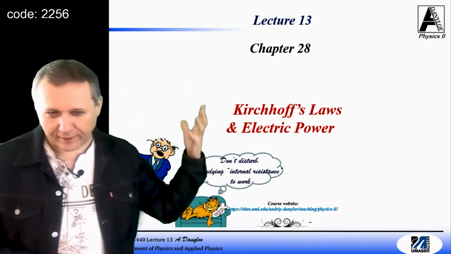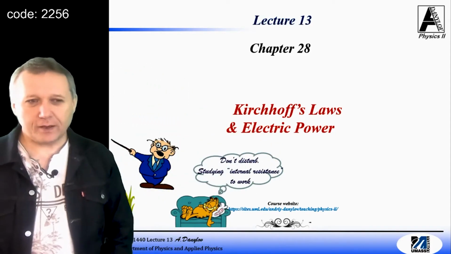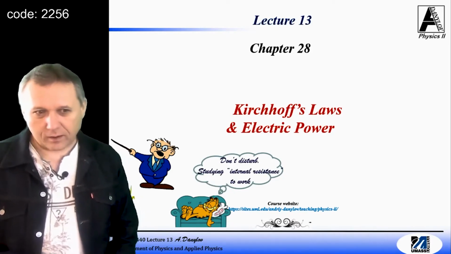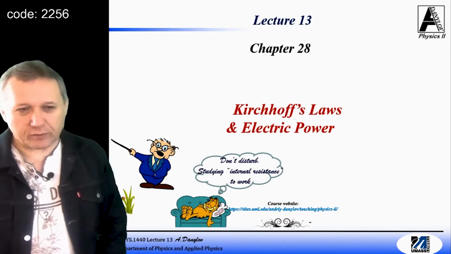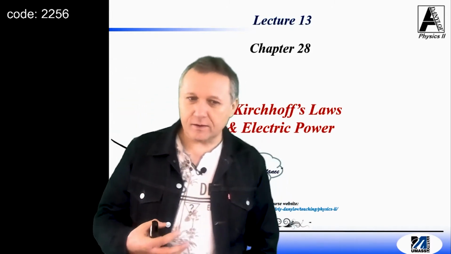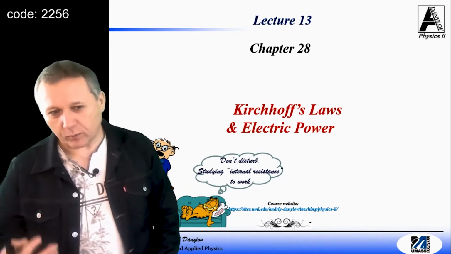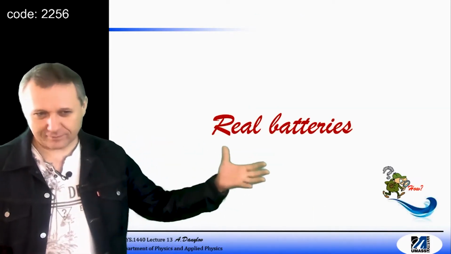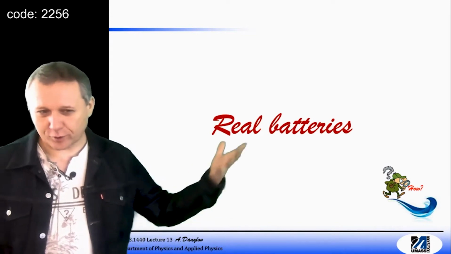now before we can continue, we need to look at the battery one more time. Have we missed anything in the way we model the work of a battery? Okay, so let's bring the battery closer to real life.